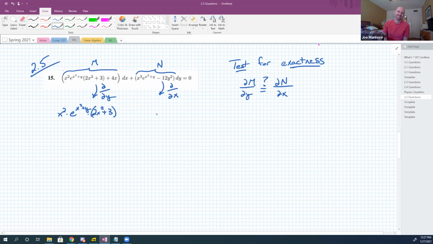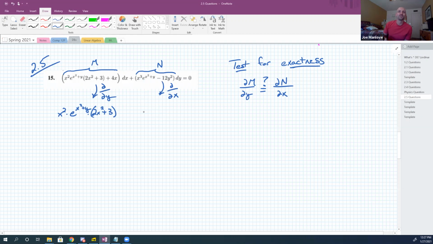Yeah, that's fair. So this should be a product rule applied to these first two terms. These first two factors. This kind of second term drops off because it's just a function of y, right? So I just need to remember the product rule between these two.